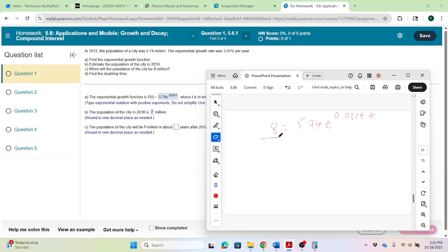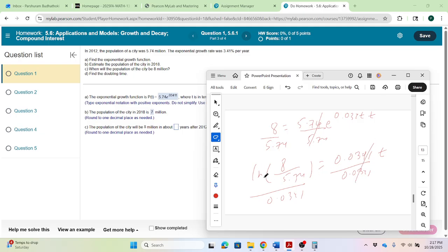So divide both sides by 5.74. So take ln of both sides, and that will be ln e, they are inverse. The leftover would be 0.0341 t. Divide both sides by 0.0341. That will give you the time.